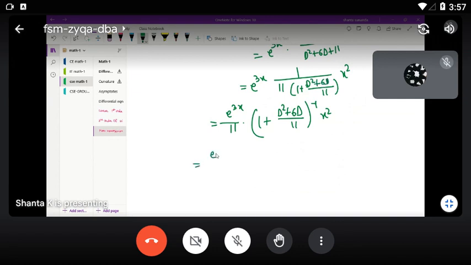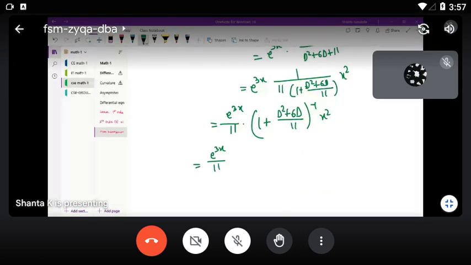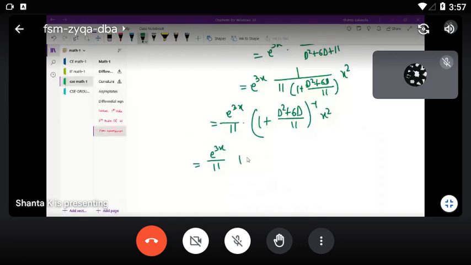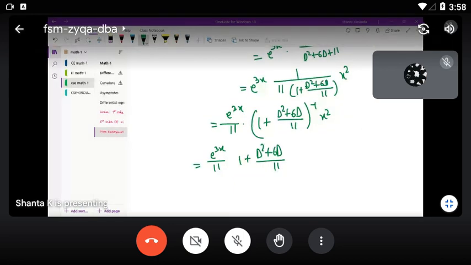If you look at the expansion here, 1 plus (D square plus 6D) by 11, the next term will be, sorry, this will be minus.